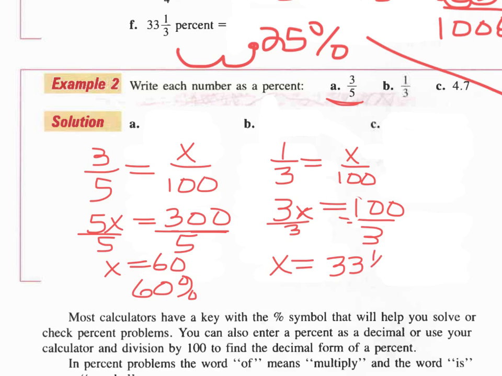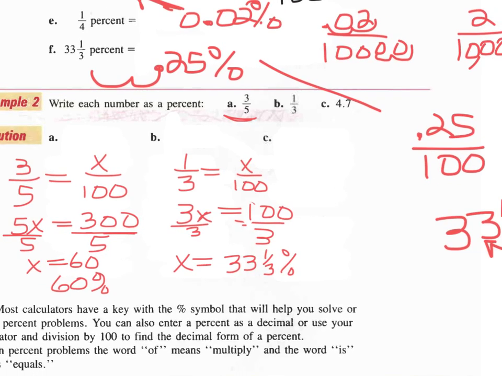However, I'm just going to make it a mixed number. I'm going to take the remainder and make it 33 1/3%. Over here, this is actually going to be a percent that's greater than 100. So I'm going to take the 4.7, put a 1 underneath it, x over 100. Cross multiply, and you get 470%.